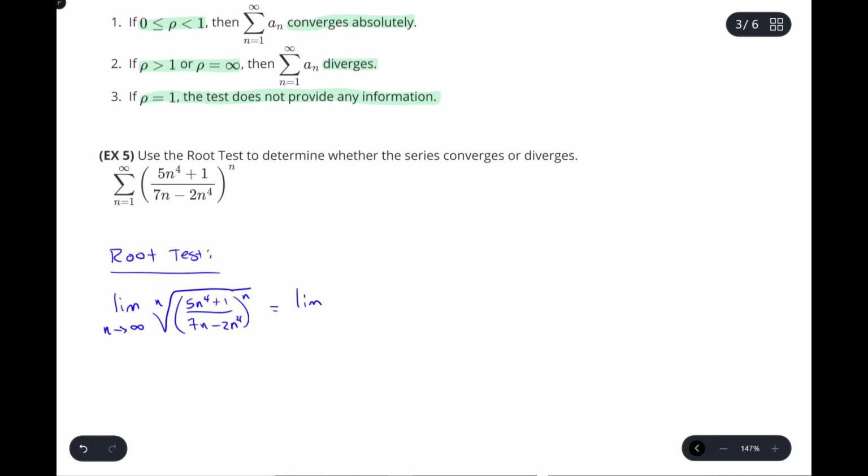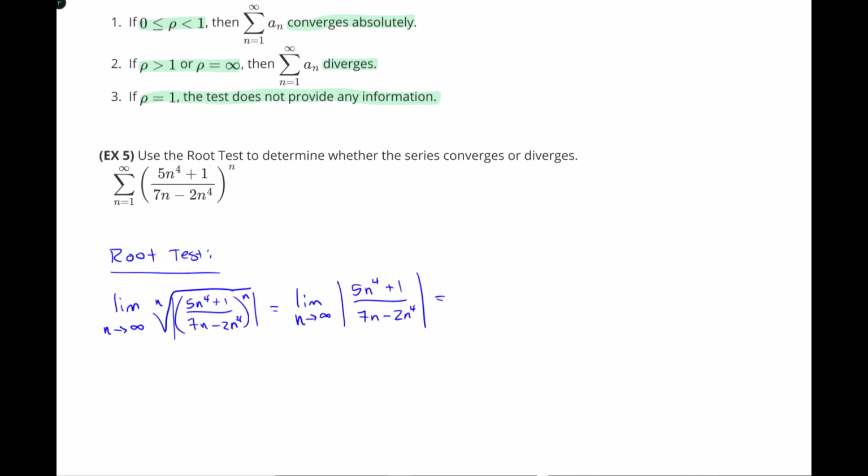And I suppose I should have used absolute value in there. So we're going to end up with effectively the limit of the absolute value of 5n to the 4th plus 1 all over 7n minus 2n to the 4th. The result here is a rational, and we're taking an infinite limit of a rational function.